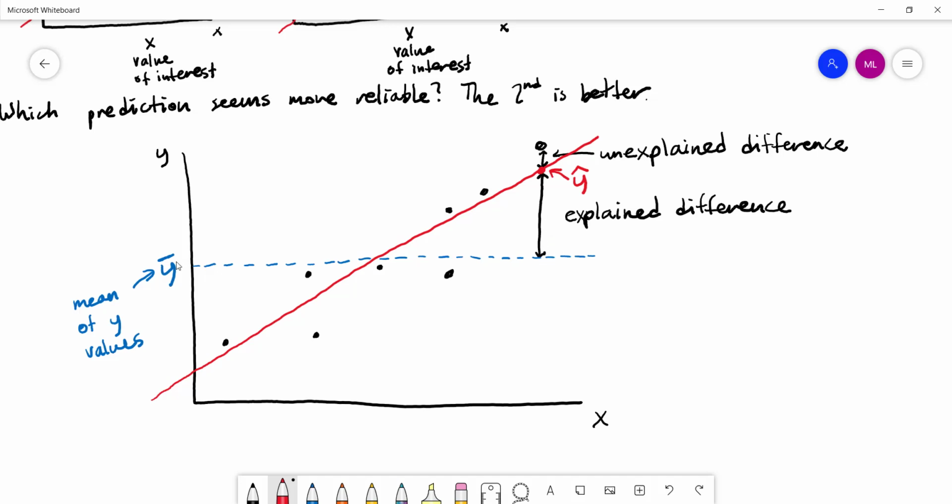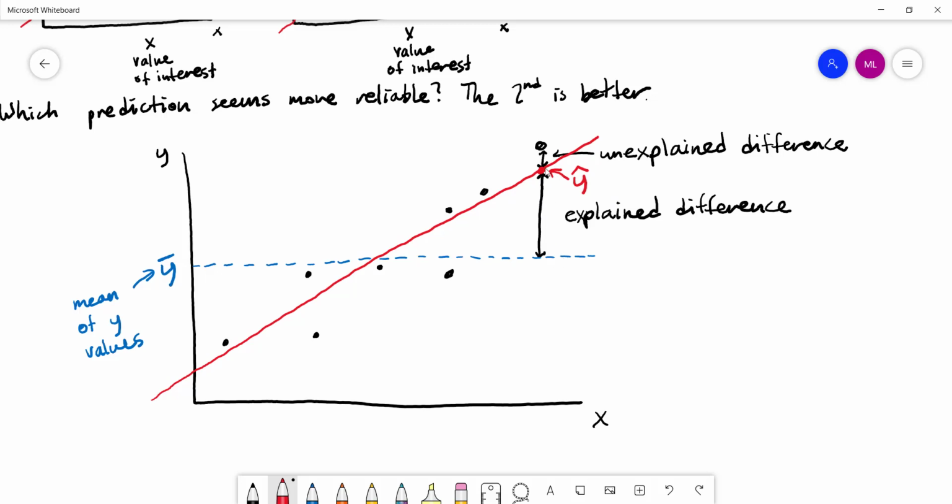So if I look at the difference between y bar, which is just the middle of our data, and this y hat, which is the part of the trend that can be explained by the actual trend line, that is our explained difference. We can explain this much of the difference based on our trend line.